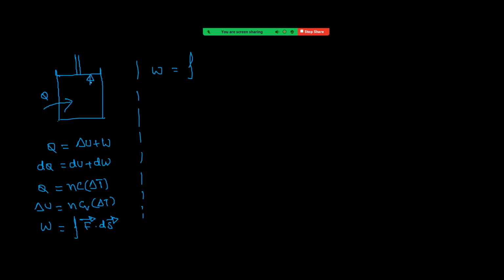So force and displacement are both in the same direction. So I can write F as pressure of the gas into area of the piston, that is the force, times ds. Suppose the piston moves by a small distance, take it as dx. Then it is into dx, and the angle between these two is 0, so it is cos 0.